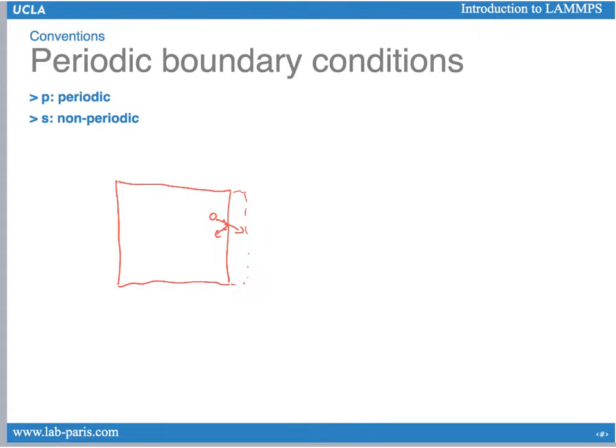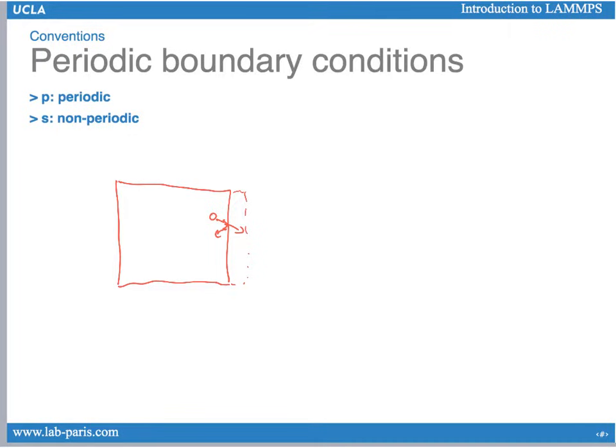The second option, which is usually the one we will use, is to use periodic boundary conditions. Why would we want to do that? Because if you are using a non-periodic boundary condition, it means that you are simulating a surface. Since you are simulating a very small system, the surface is very large compared to the size of the system, which is typically not realistic.